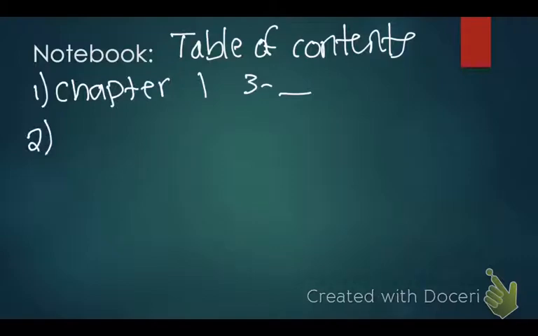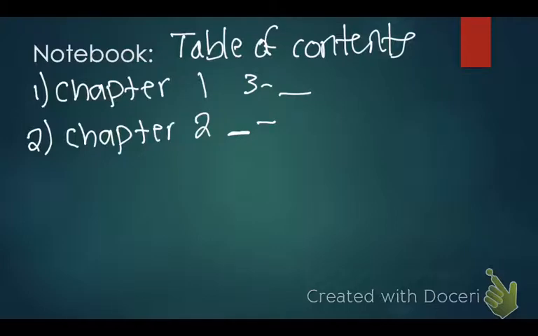Now we're going to be a little bit more specific. Chapter 1 was not a lot, and I don't think you need to be more specific in there. But we're going to write chapter 2. Whatever page you are starting on for this lesson, whatever is your next open page, you're going to put that right here, through, and then you're going to leave a blank because we don't know what it's going to be through yet.